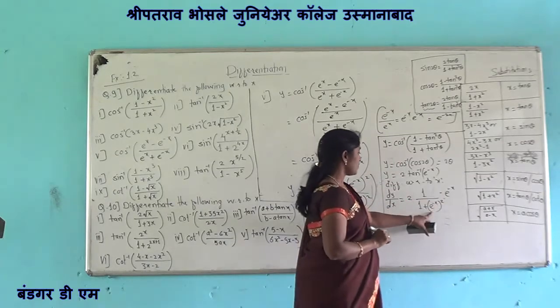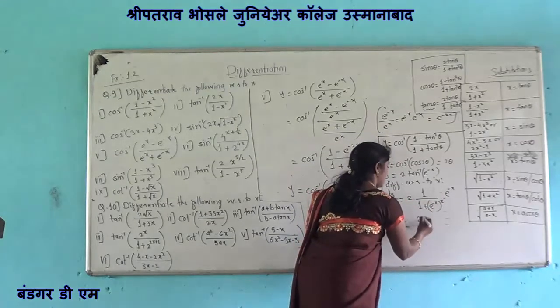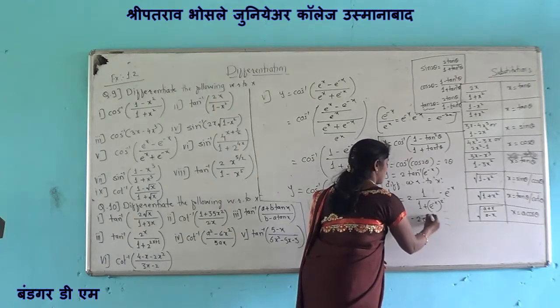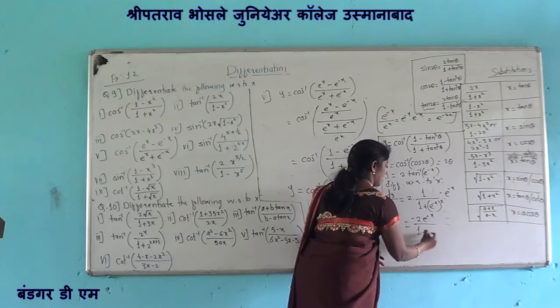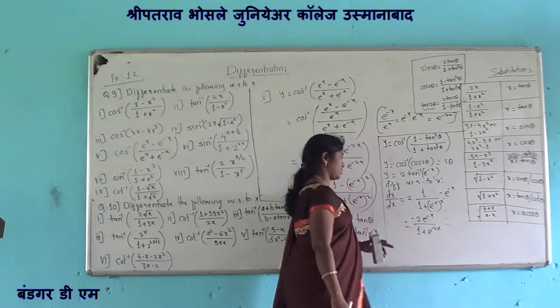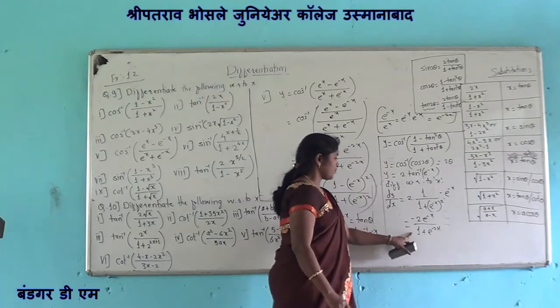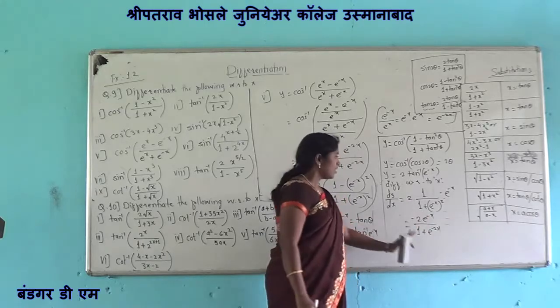So we get the answer as minus 2 e raised to minus x upon 1 plus e raised to minus 2x. So we can simplify further.